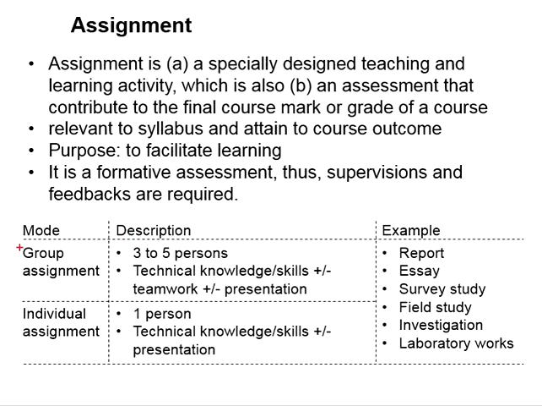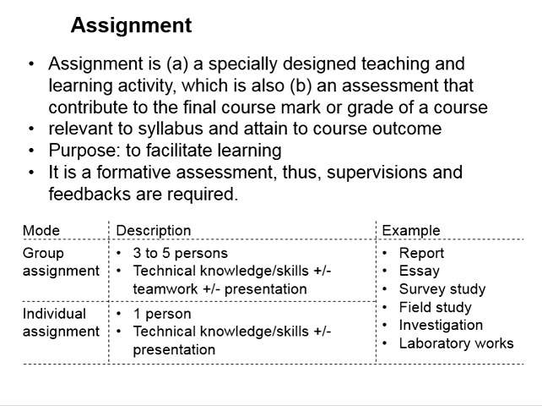If the assignment is conducted in a group, the typical size of the group will be 3 to 5 persons. Normally, we do not recommend a group size greater than 5 persons. As far as I know, EAC has a requirement that the group size should not be greater than 5 persons.